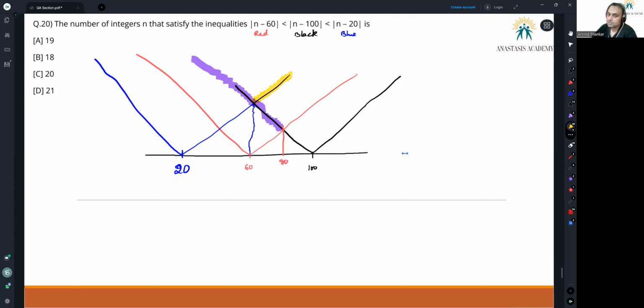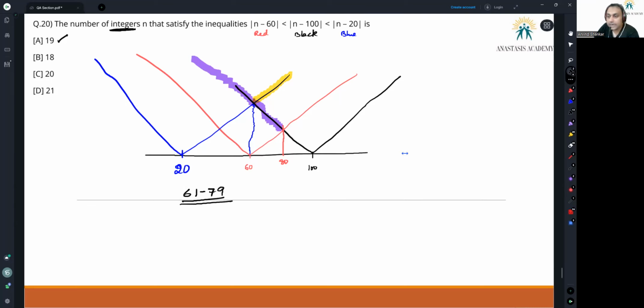Everything after 60 is useful. Everything prior to 80 is useful, which means the acceptable range will be 61 to 79. We are only looking at integers. 60 doesn't work. They are equal at 60. They are equal at 80. The only acceptable range is 61 to 79. So answer will be option A.